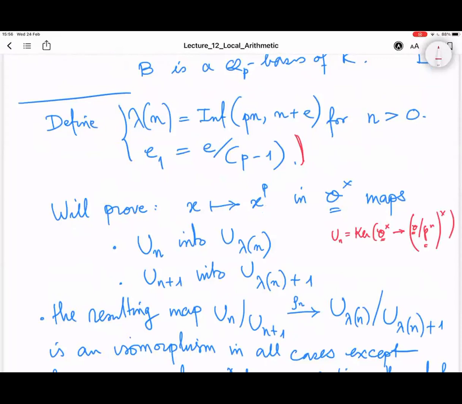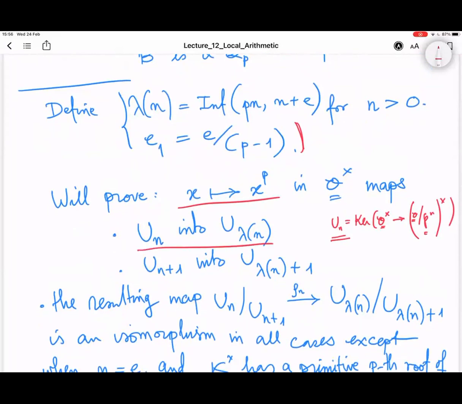That was what the group U_n is. So we are going to prove that this map, raising to the power p, takes U_n into U_lambda n. Lambda n is here, right?